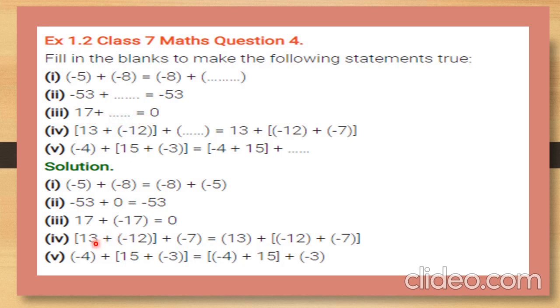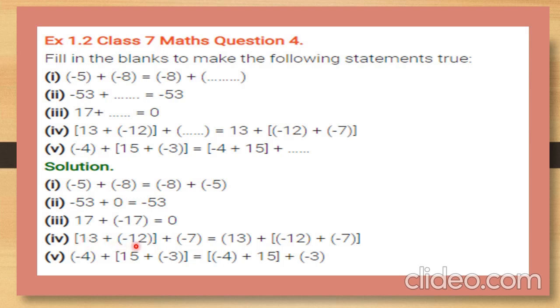And fourth question, here you see 13 plus (minus 12) plus blank equal to 13 plus (minus 12 plus minus 7). Here also I am recalling that we can add integers in any manner. Suppose you see 13 plus (minus 12). So first we solve the bracket.